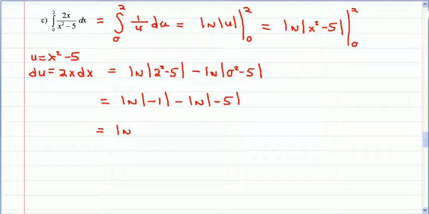So I have the natural log of 1 minus the natural log of 5, and the natural log of 1 is equal to 0.